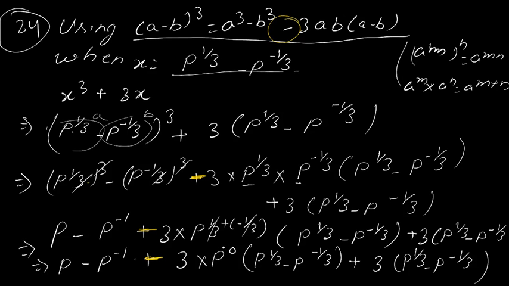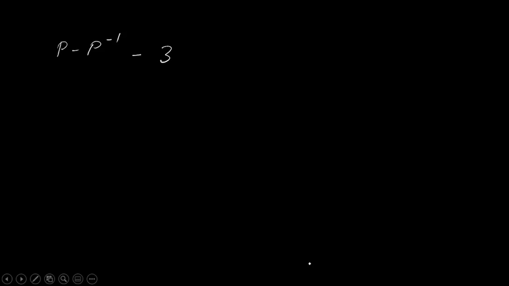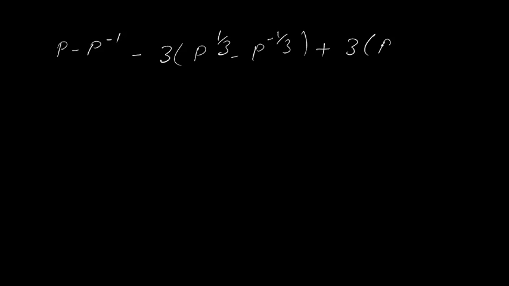So you are left with p to the power 1/3 minus p to the power minus 1/3, plus you have 3 times p to the power 1/3 minus p to the power minus 1/3.